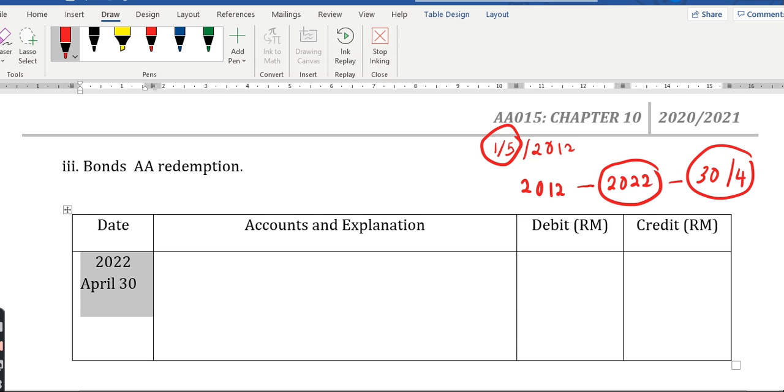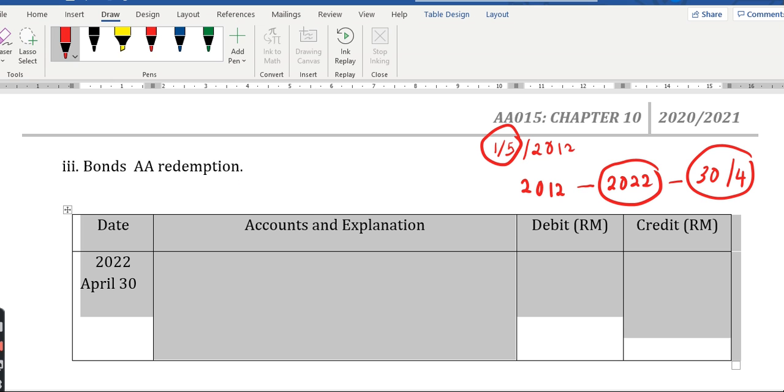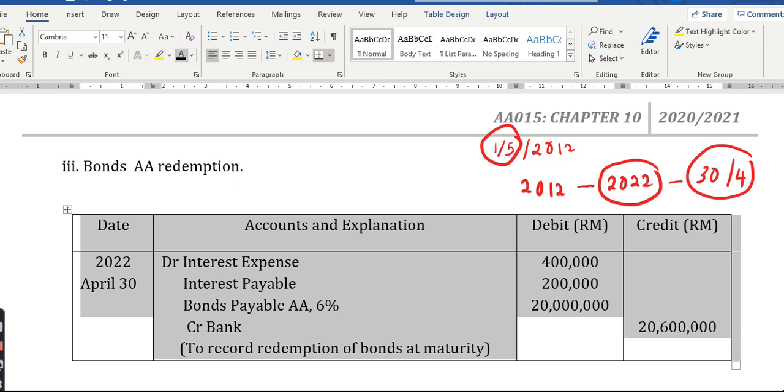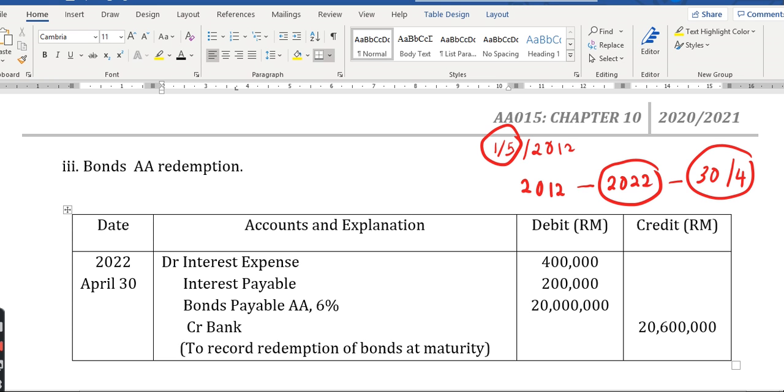Okay, so here I will debit interest expense, and I will also debit interest payable, and then I will be paying the face value as well, that is 20 million.